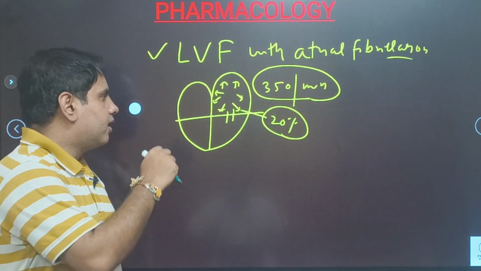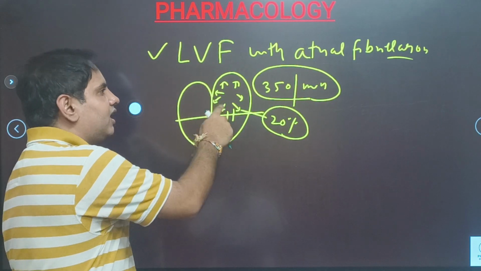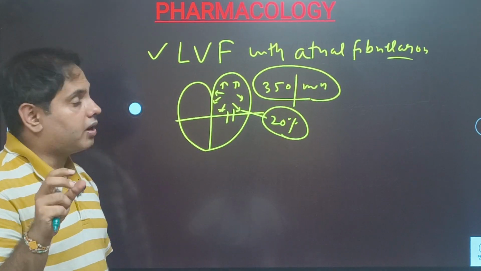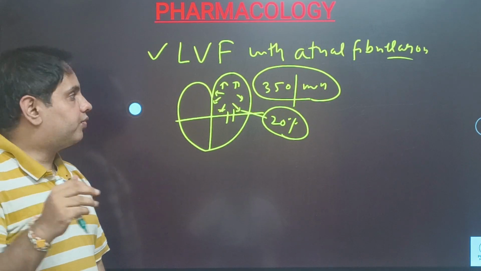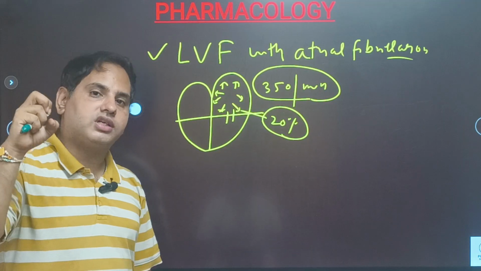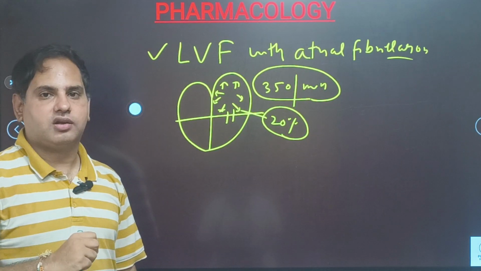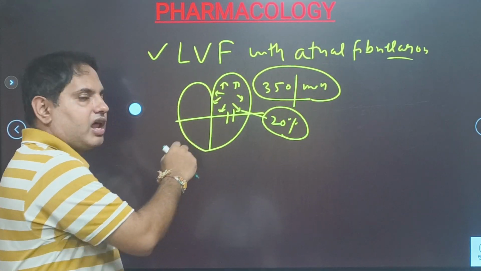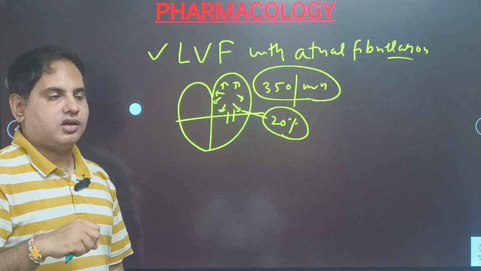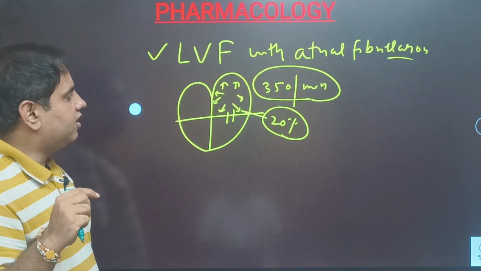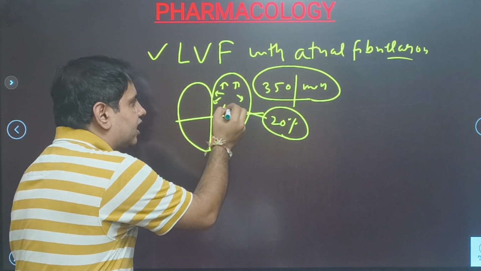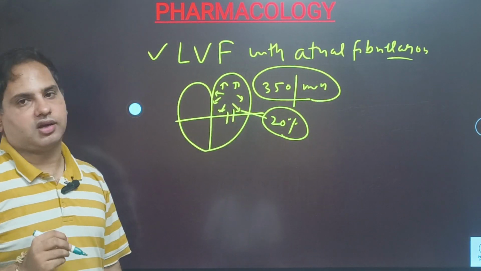So now if the patients have very large electrical activity in the atria, that is 350 per minute, you know, if this electrical activity goes down to the ventricles, it is going to result in ventricular failure as well. And if ventricular failure happens, you know that is a more serious condition, right? So now you want some kind of drug which will prevent this electrical activity moving from the atrium to the ventricles.